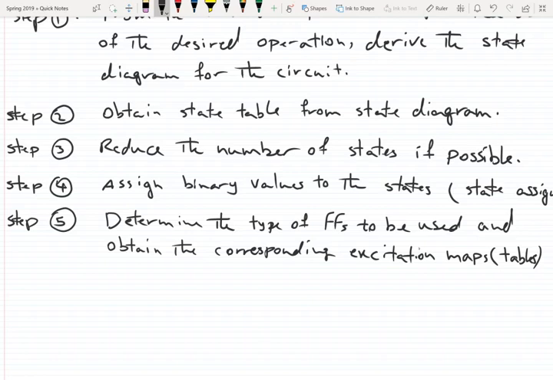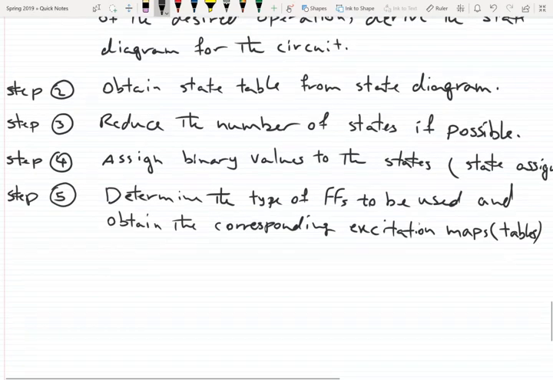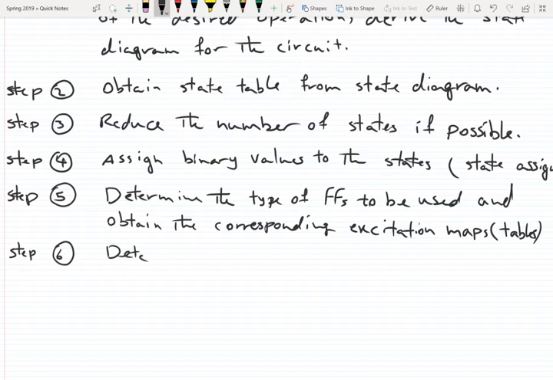The next step is step 6. Determine the output and flip-flop equations that we did.